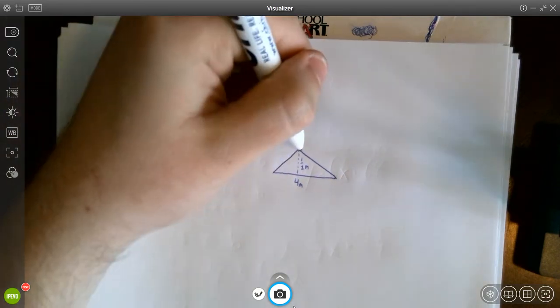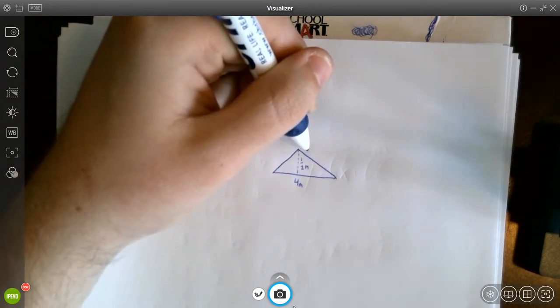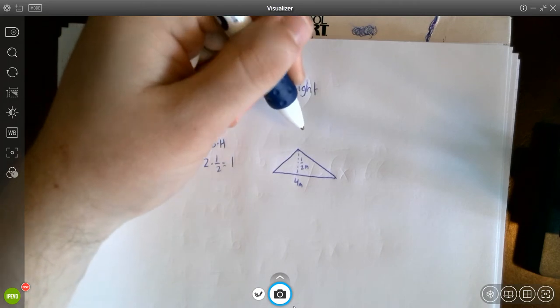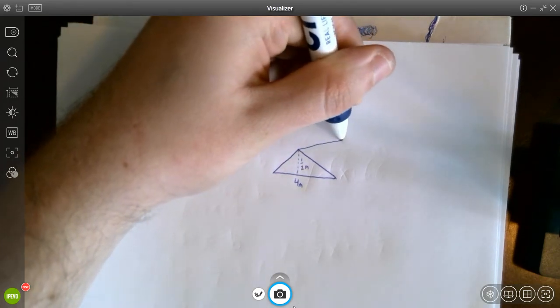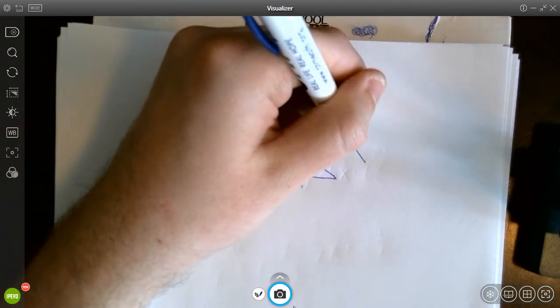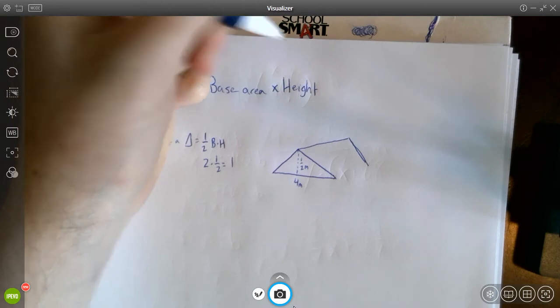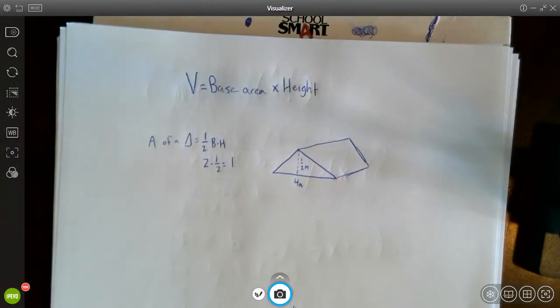So if you picture putting another triangle behind it, then you would have 2 triangles. If you had 3 triangles behind it, 4 triangles, and so on and so forth. If we were going to keep stacking that triangle all the way back until we reached another triangle back there, and notice I'm not an artist by any means, then we would have a triangular prism.